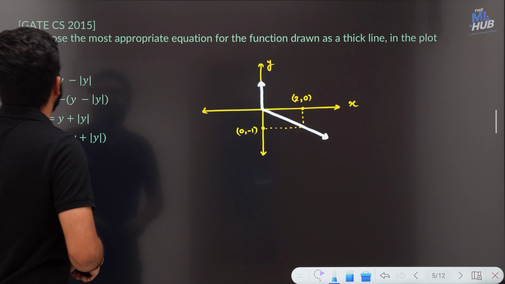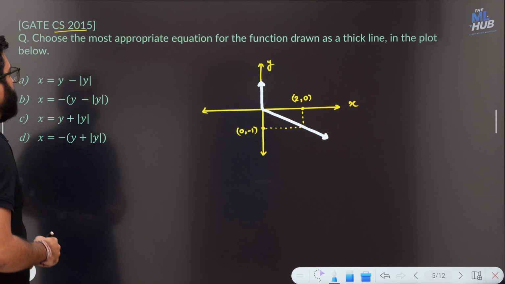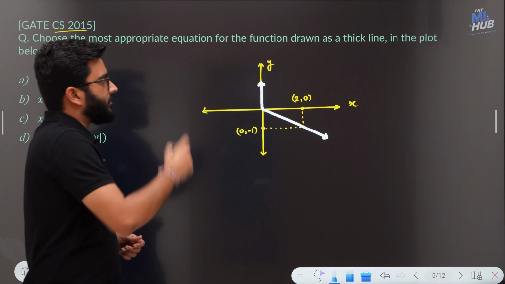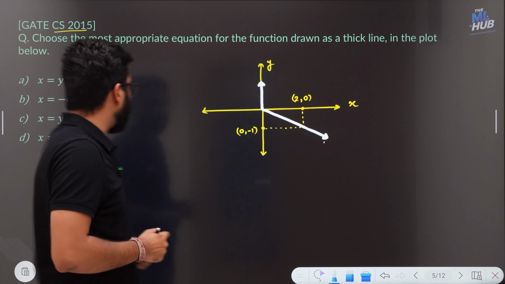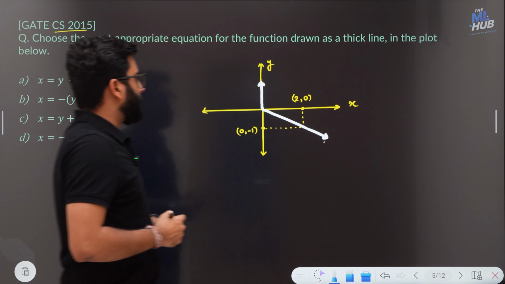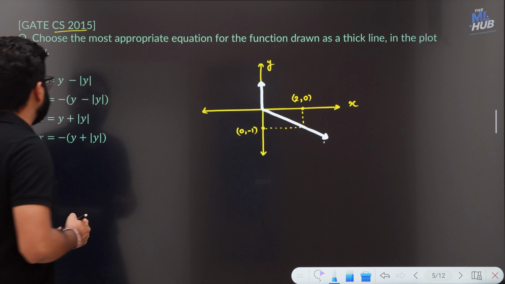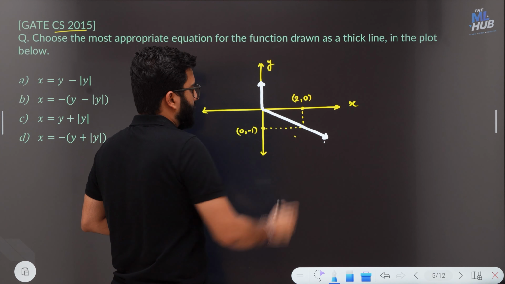Again, this is a previous year question, asked in CS 2015. You need to choose the most appropriate equation for the function drawn as a thick line, represented by the white line in this plot. Four options are given. You can easily calculate this. It is somewhat a mixture of a straight line and a mod function.